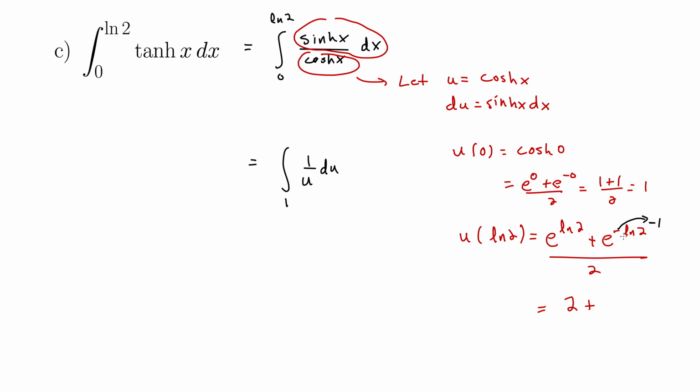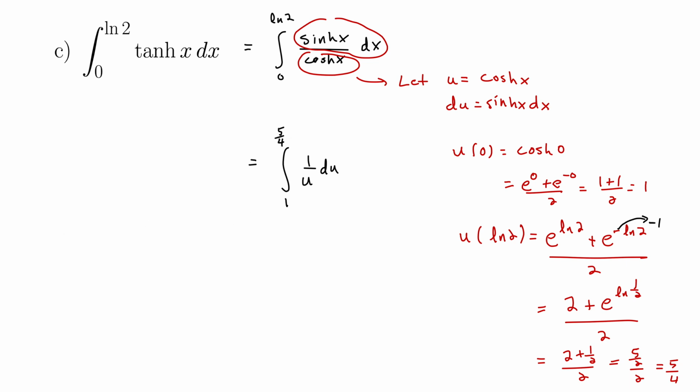So we have e to the natural log of 2 to the negative 1. I'm just going to rewrite that as e to the natural log of 1/2. So that's the stumbling block that you have to make sure you can get over here. So 2 plus 1/2 over 2. Well, this is 5/2 over 2, which is 5/4. So there's our upper limit of integration, 5/4.